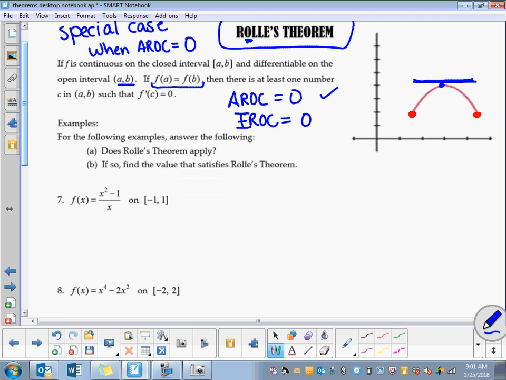Okay, so the first thing to do is to figure out if, in these problems, these are just some examples, is this really a Rolles' theorem problem? Okay.